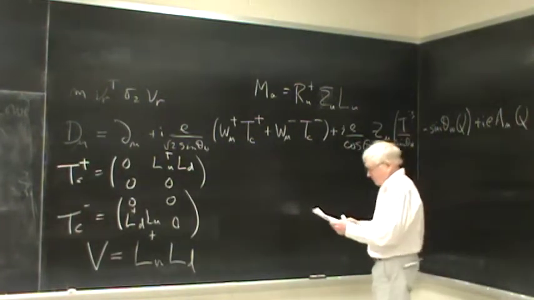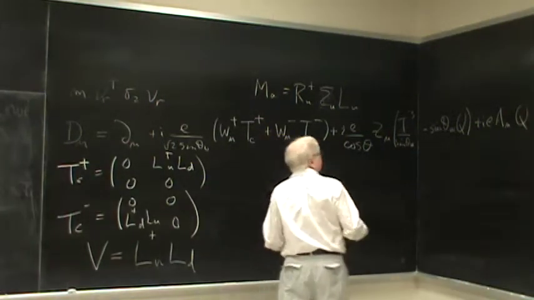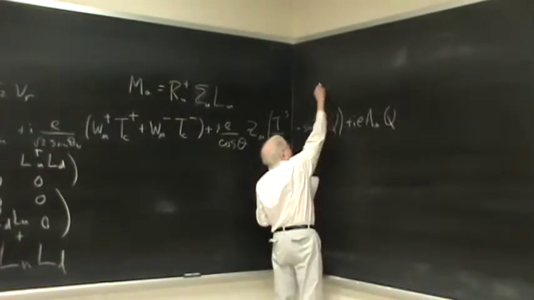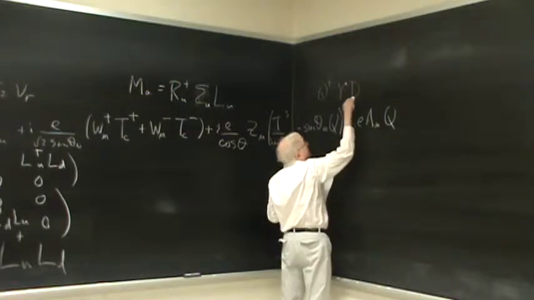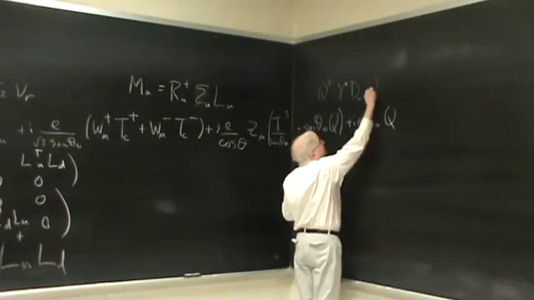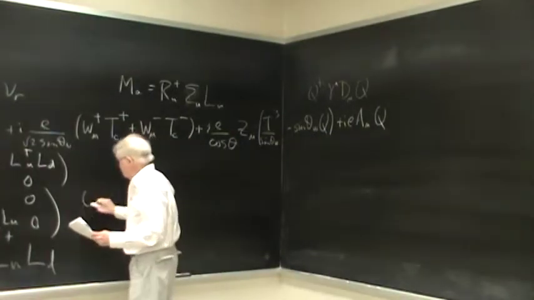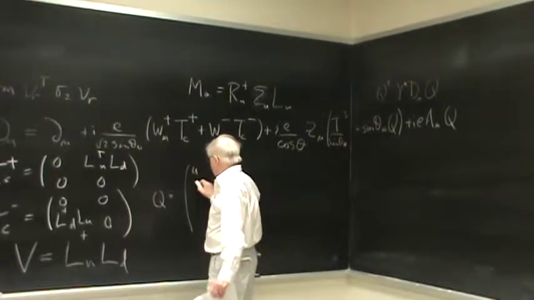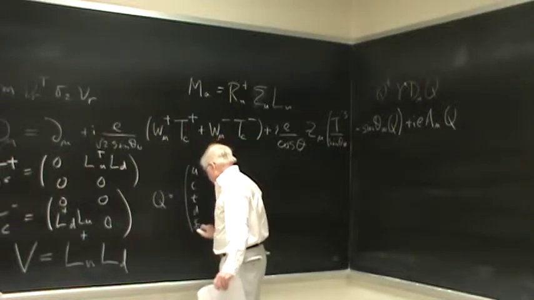In other words, we would have something like Q dagger gamma mu d mu Q, where the Q that I'm going to be talking about is going to be up, charm, top, down, strange, bottom.